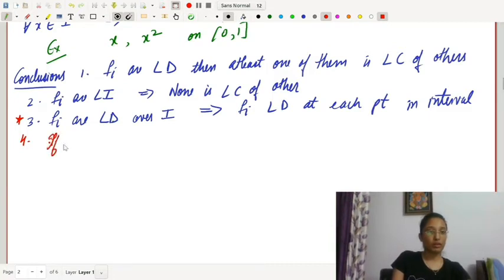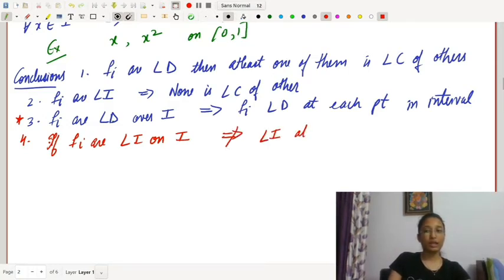If fi are linearly independent on an interval I, it need not imply that fi are linearly independent at each point in the interval.